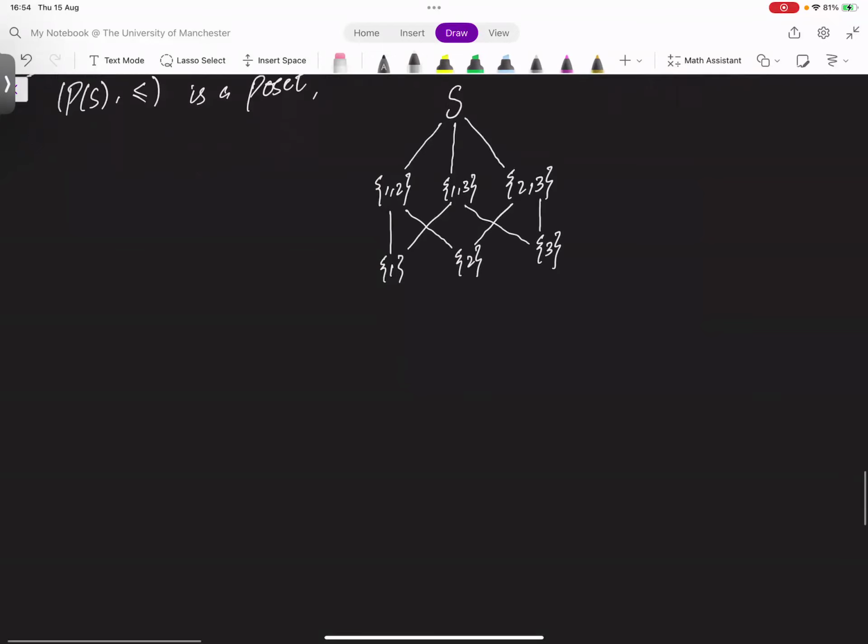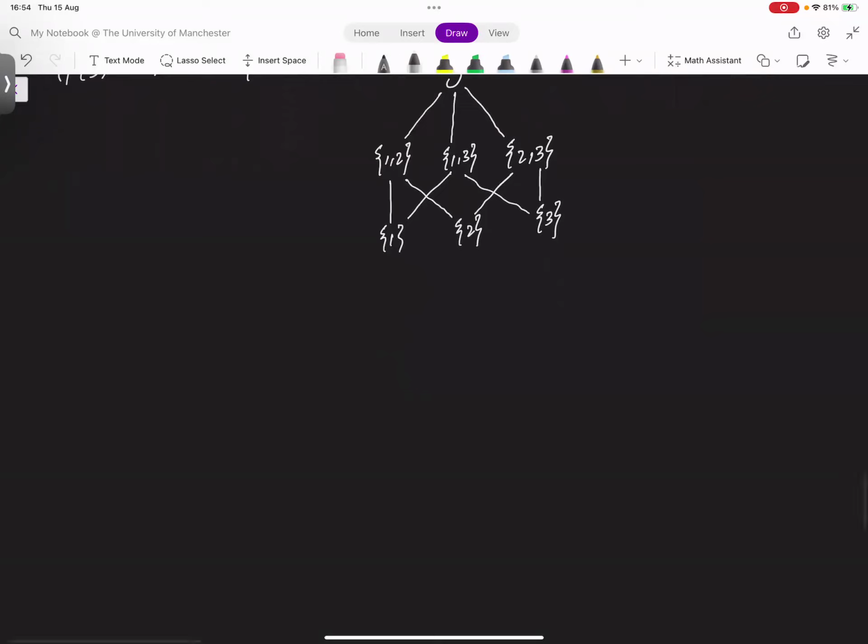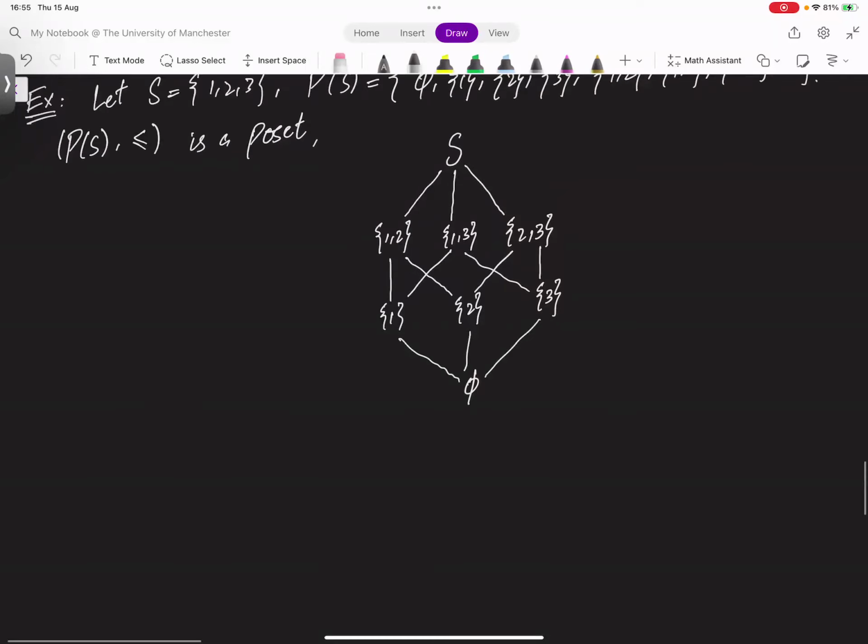And then in the end, we have the empty set, and everything just connects to it, like this. This is a poset diagram for the above partially ordered set.